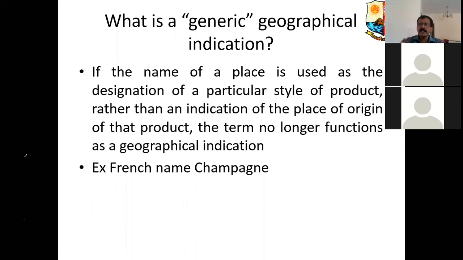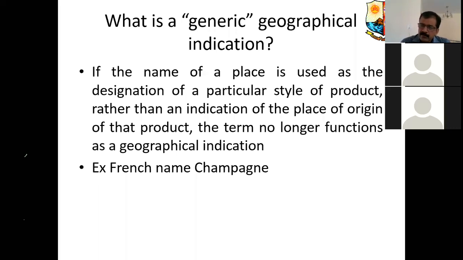Now, what is a generic geographical indication? See, some items have a generic nature. Some name is associated with that product, or the style of that product, or the origin of that product.